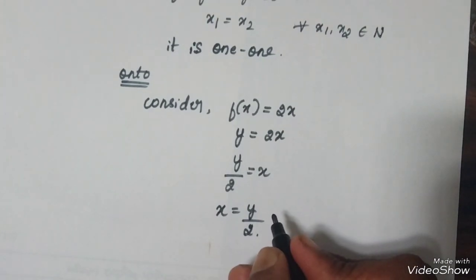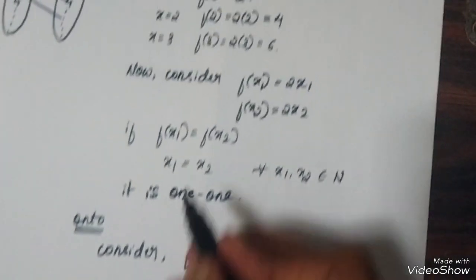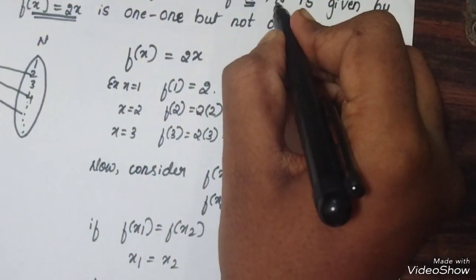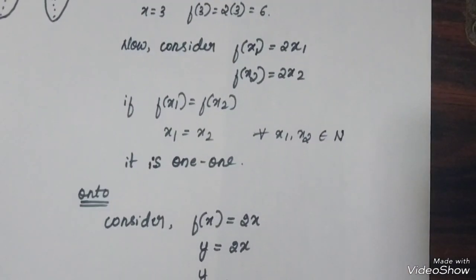Whatever the values of x, x is taken from the domain, because our definition says every element of y has an image.